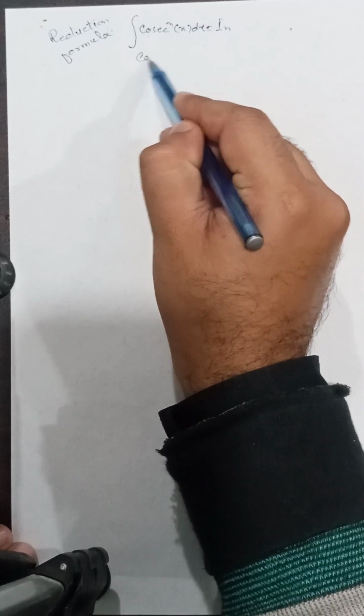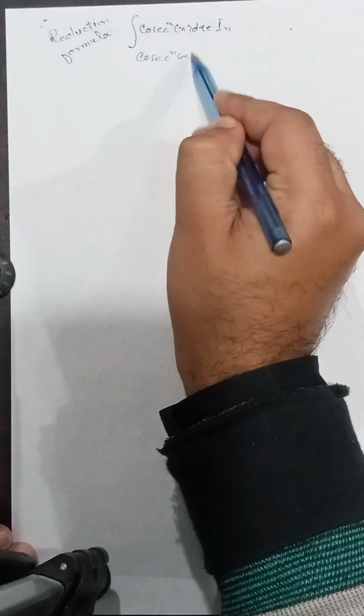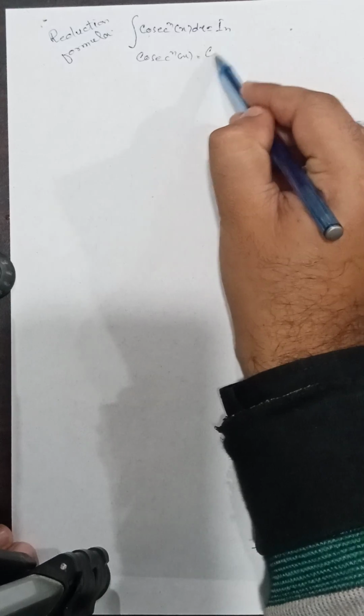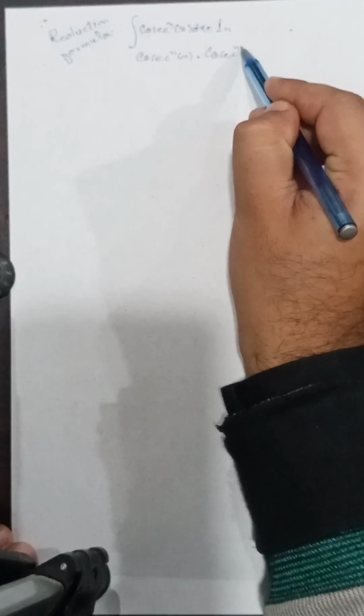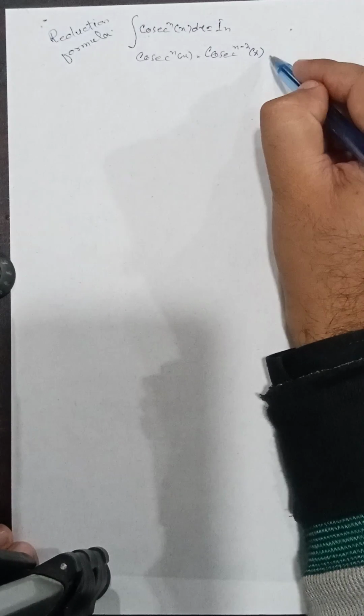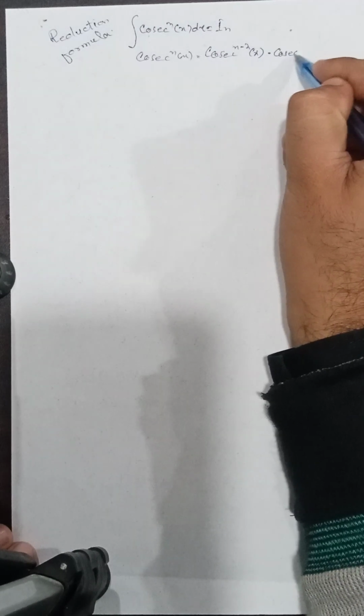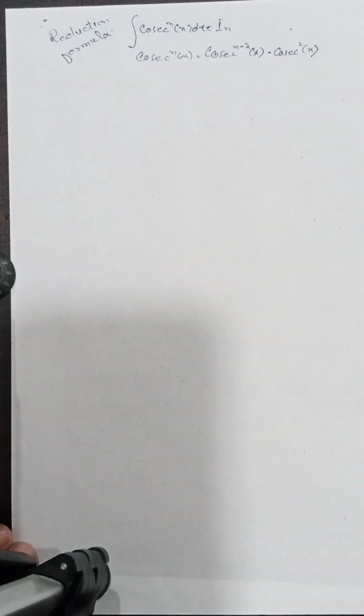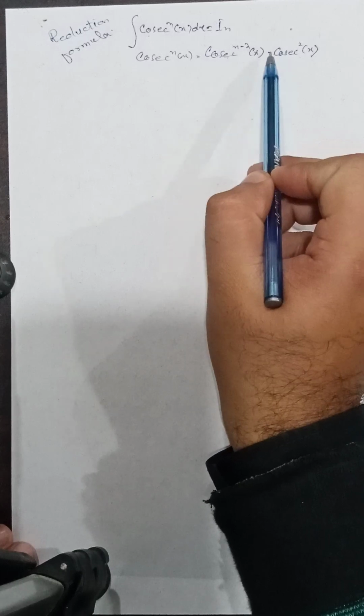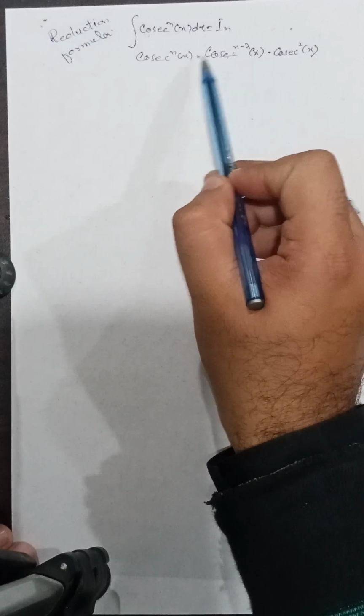So we can write cosecant power n of x is equal to cosecant power n minus 2 of x and cosecant square of x. We can write this function as a product of these two functions.